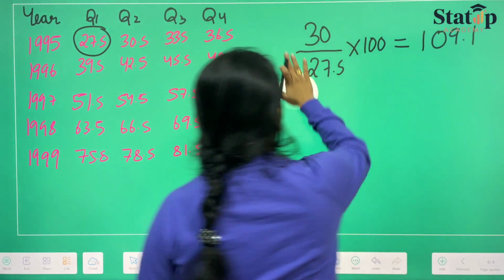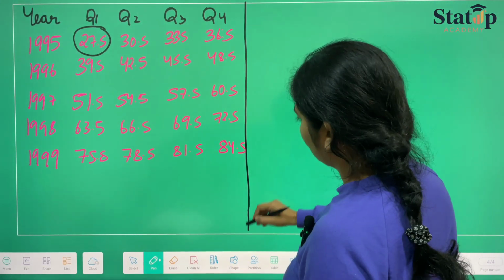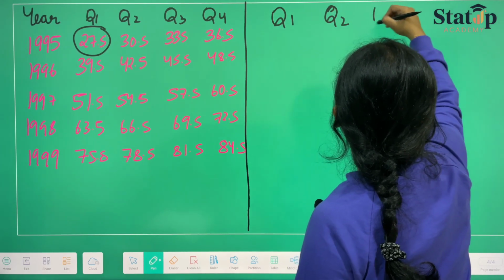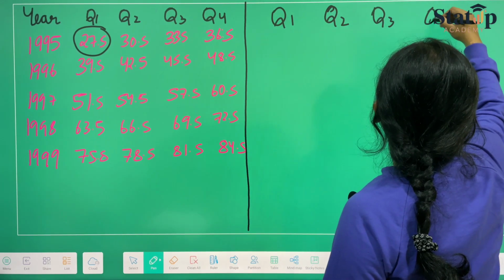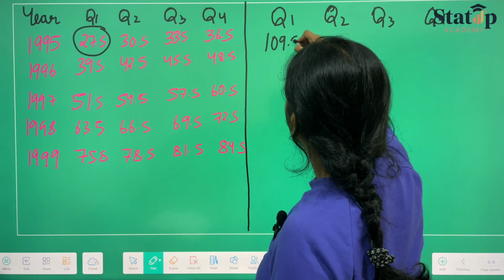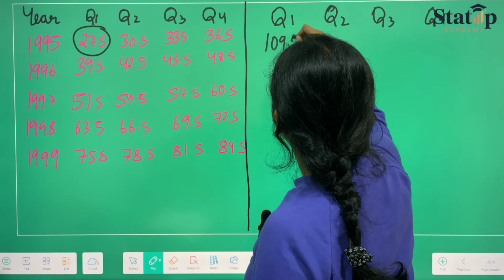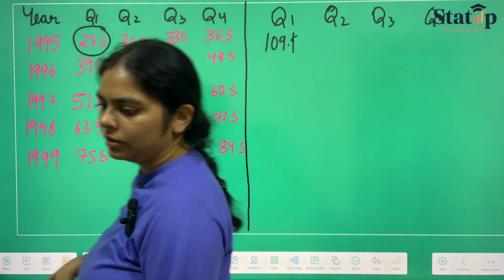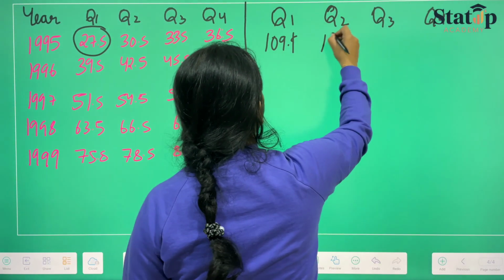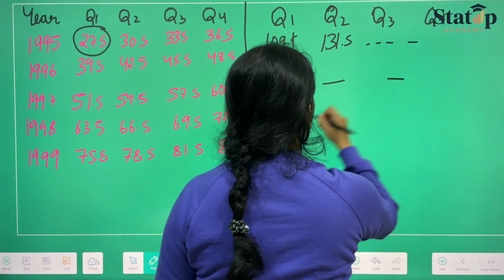So we'll make another table of quarter 1, quarter 2, quarter 3, quarter 4 and we'll calculate. It will be 109.5 for quarter 1, 109.1, 131.5 and so on. You can calculate.